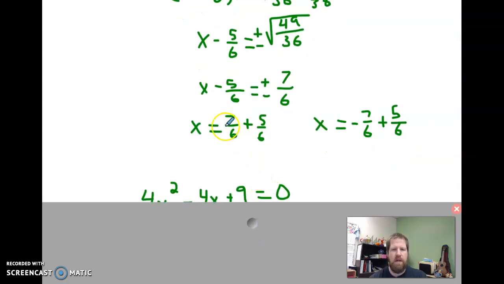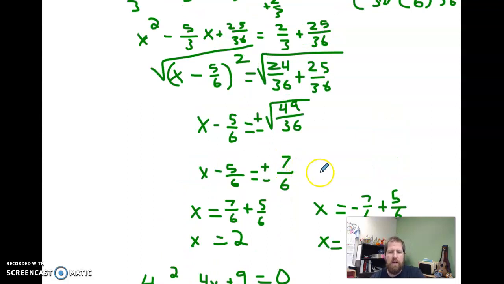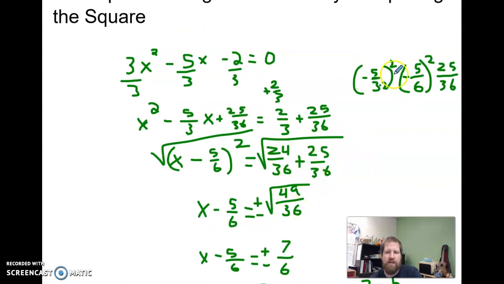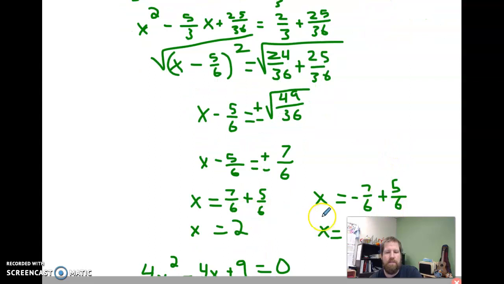Combining those, I'll have 12/6 or x equals 2, and -2/6 or x is equal to -1/3. So you can see with these problems we will often have more fractions in them, but they will often work out fairly nicely.